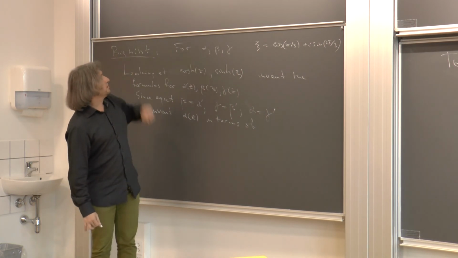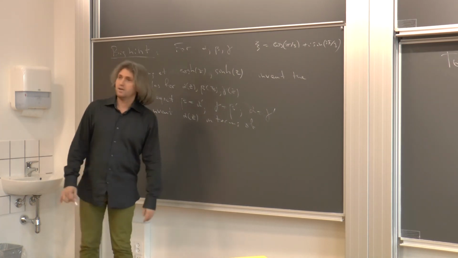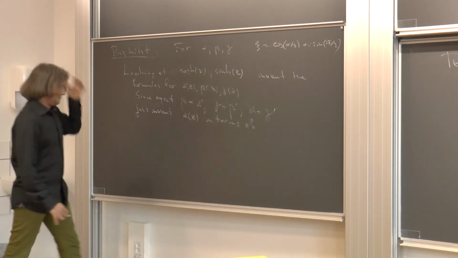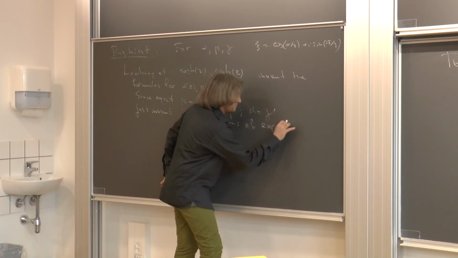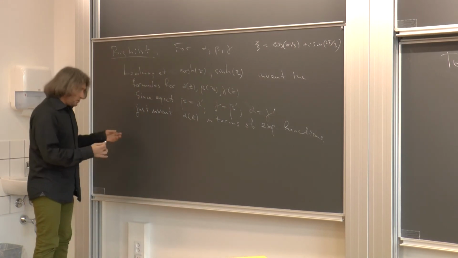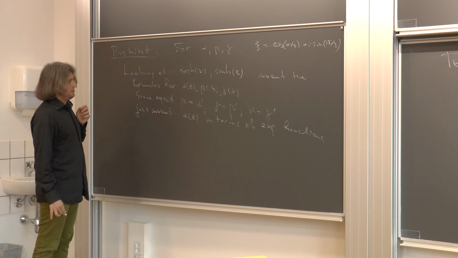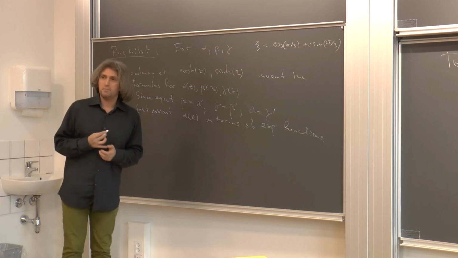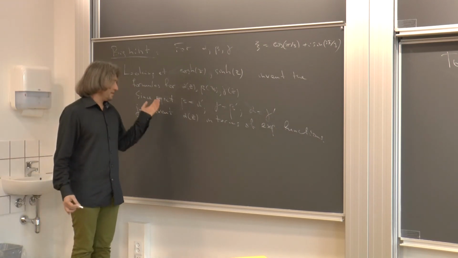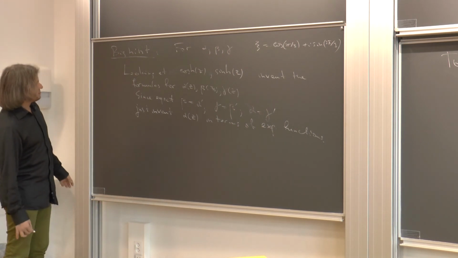So over there I used e to the z and e to minus z. Here I should probably use something else. Good. So when you do it, of course you need to compare power series. But if you succeed, you will get alpha of z and then beta of z and gamma of z as well.